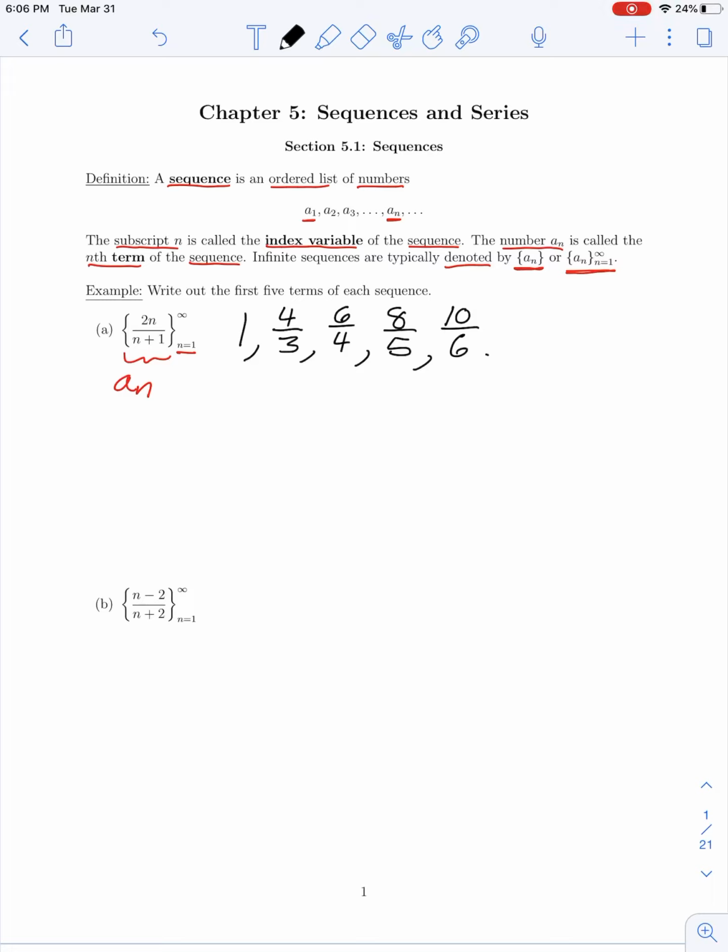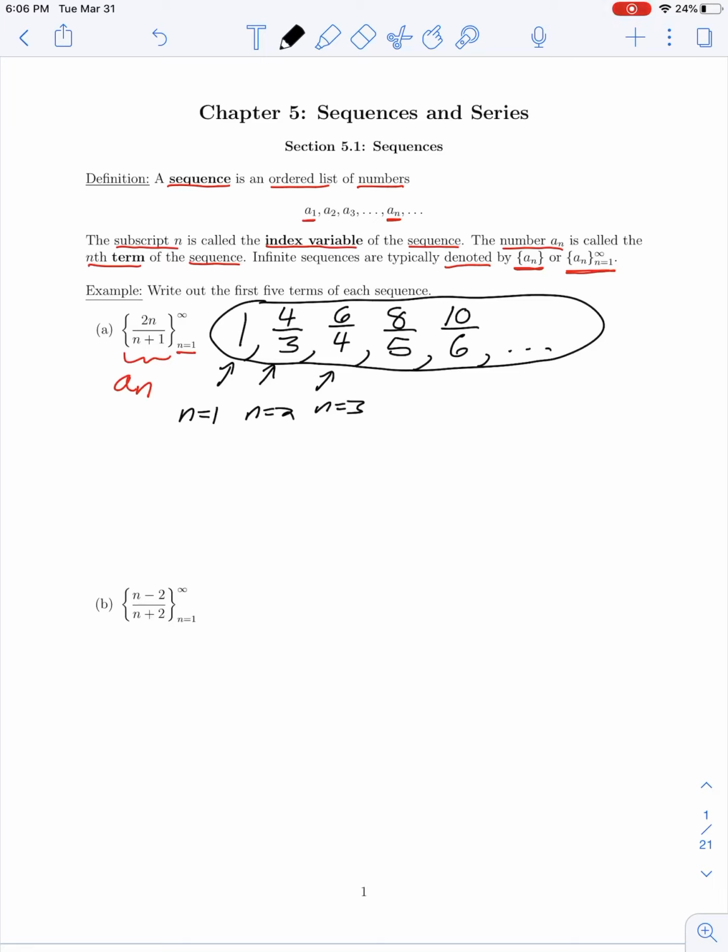To get the next term, our fifth term, we would plug in 5 for n, which would give us 10 over 6, and then we could keep listing terms. So these values that we're getting, these terms in our sequence, would correspond to the values n equals 1, n equals 2, n equals 3, and so on. So the first 5 terms of our sequence are written here. We can either simplify these terms or just write them out in their unsimplified form.